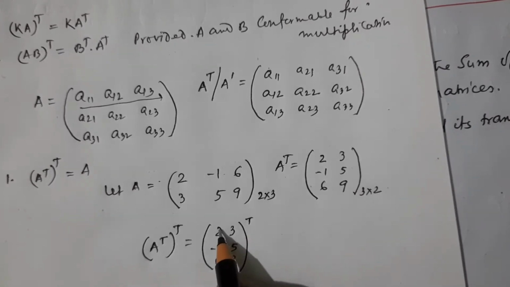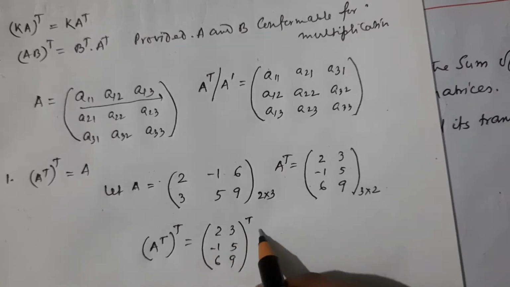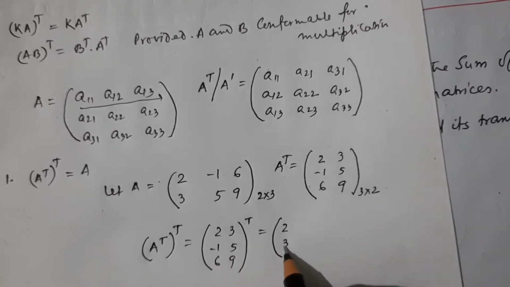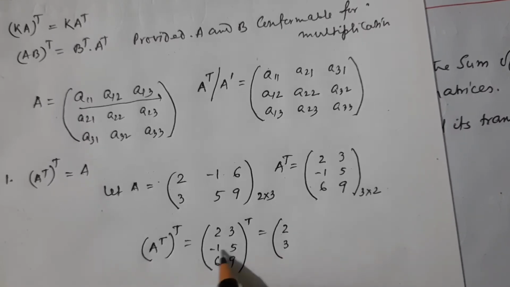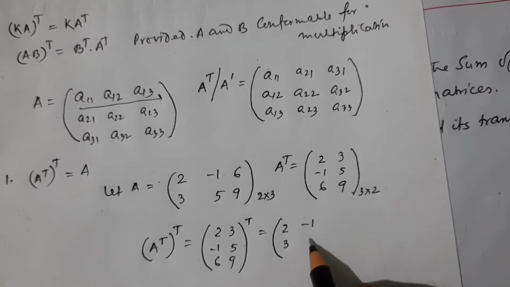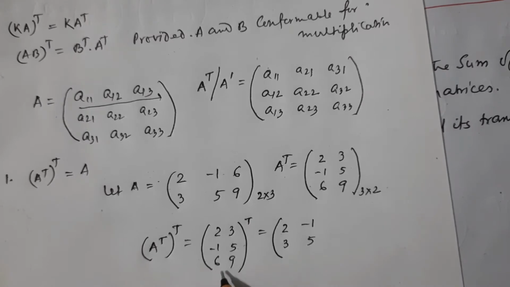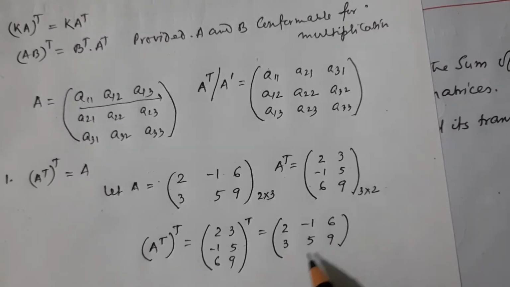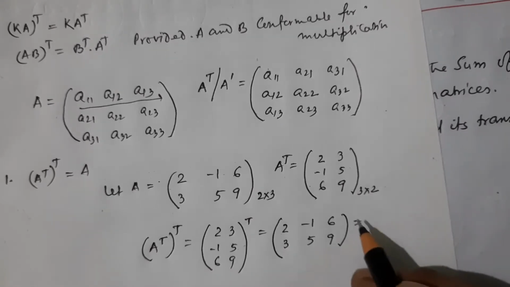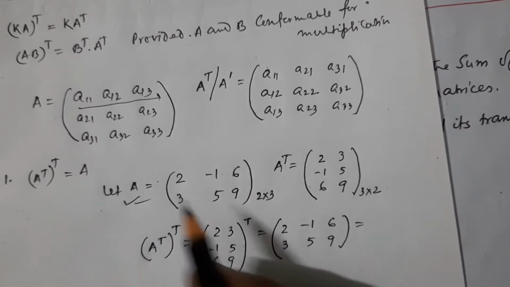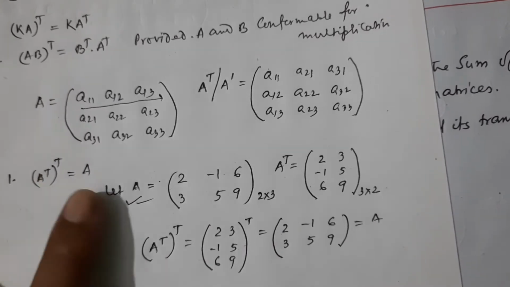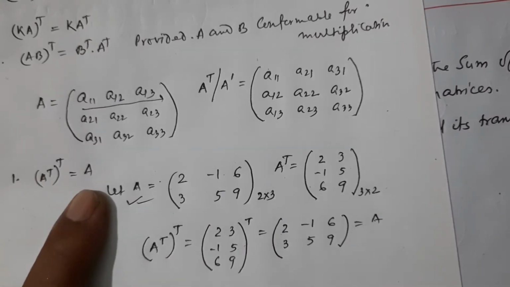Again we just interchange row into column: the first row 2, 3 converts to the first column, the second row minus 1, 5 to the second column, third row 6, 9 to the third column. So we get 2, minus 1, 6, 3, 5, 9, and this is the original matrix A. Therefore A transpose whole transpose is equal to A.